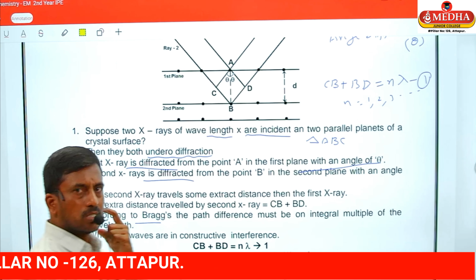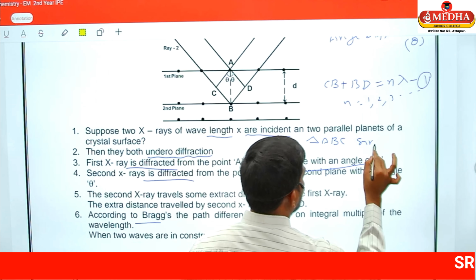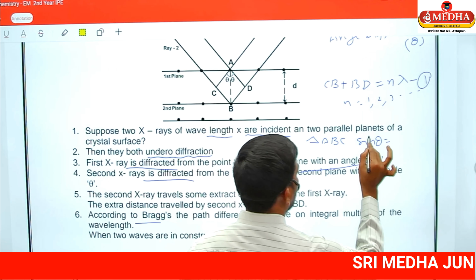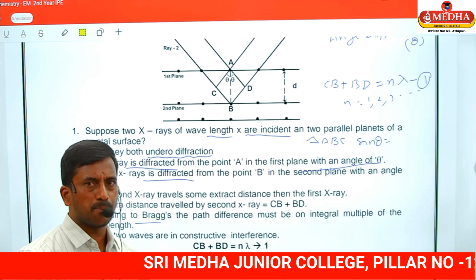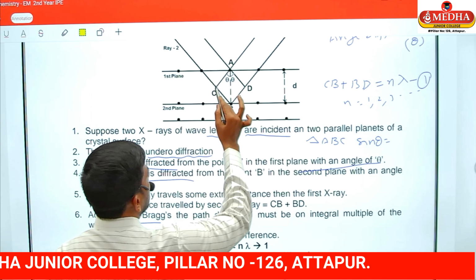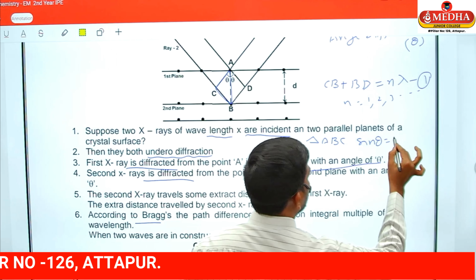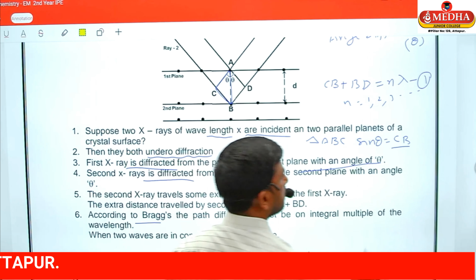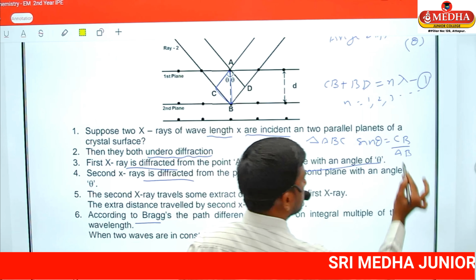From triangle ABC, what is sin theta? Sin theta is opposite side by hypotenuse. The opposite side is CB and the hypotenuse is AB.